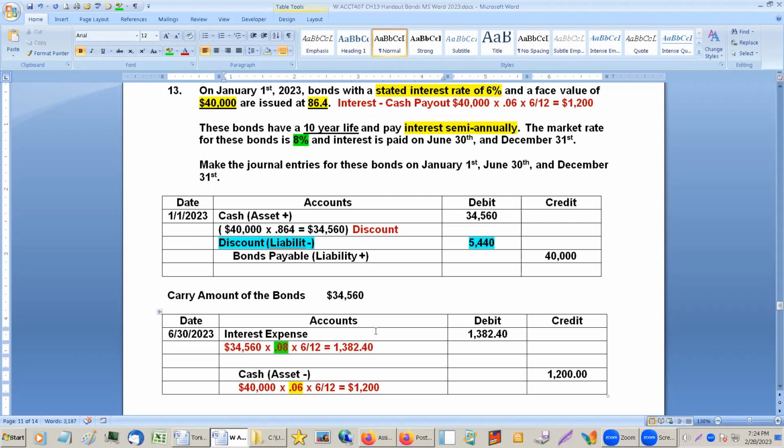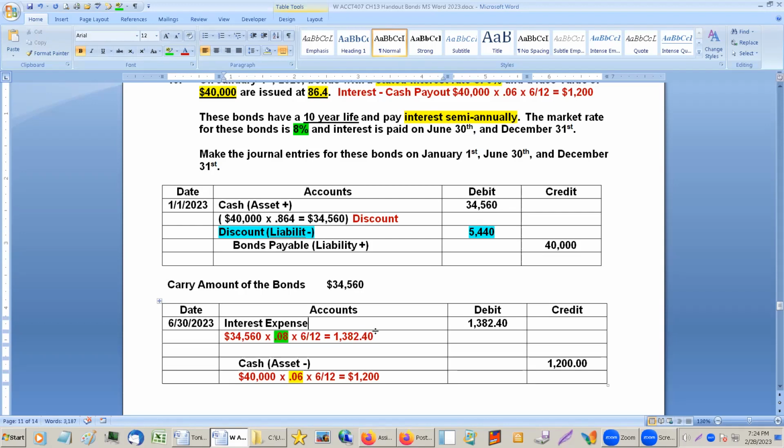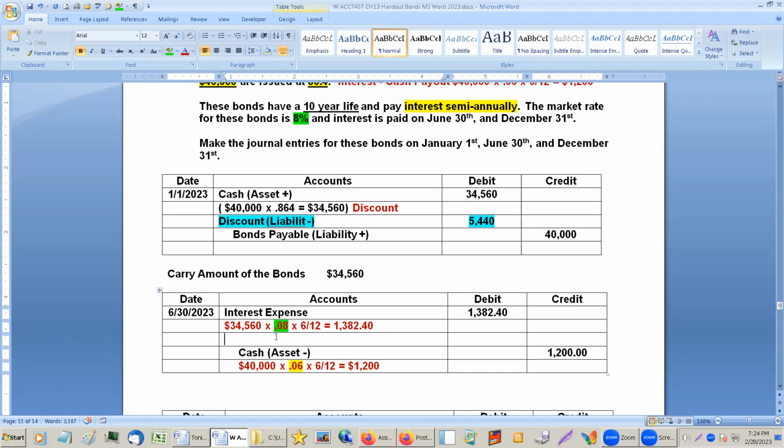All right. Well, those don't match. So we're going to have to take them out of the discount. Now, this will be a liability going up. We now owe, what is it, 182.40.